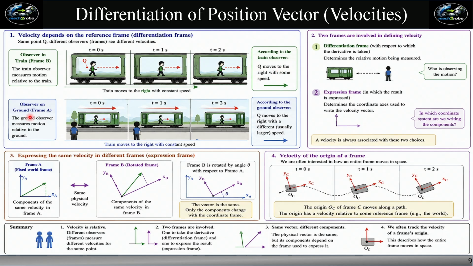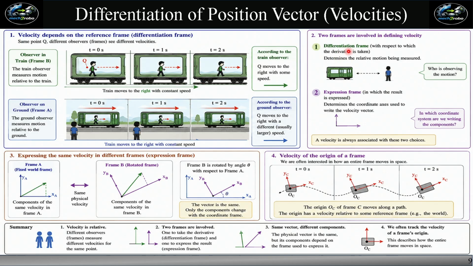But when the observer is on the ground, that is frame A, the ground observer measures the motion relative to the ground. Means according to the ground observer, q moves to the right with a different velocity, usually larger speed, but the train moves with the same constant velocity. This is the first main observation.